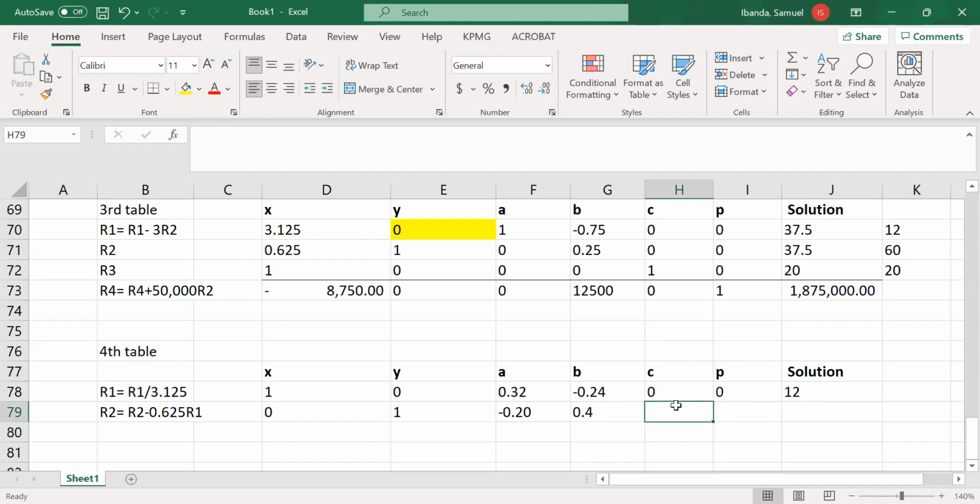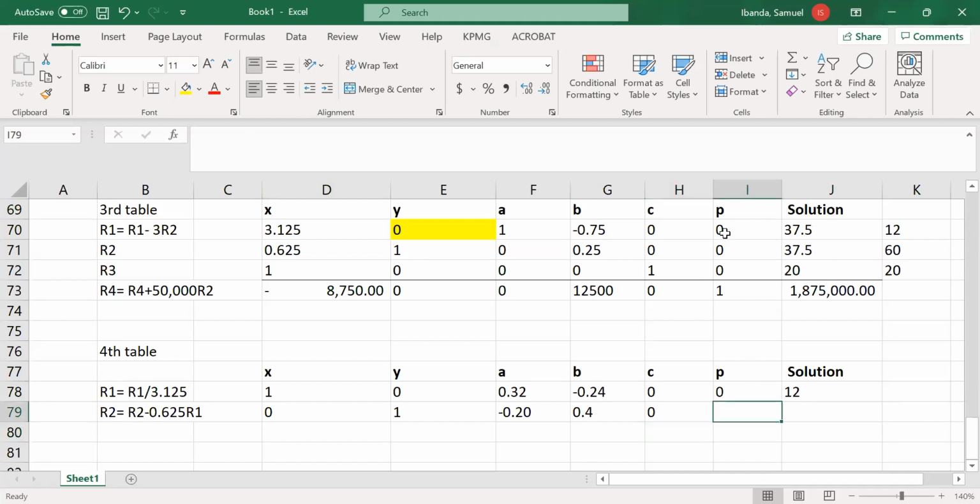So when I come to here, this one I have 0. My R2 existing is 0, minus 0.625 times 0, this is also 0. So this will be 0 basically.